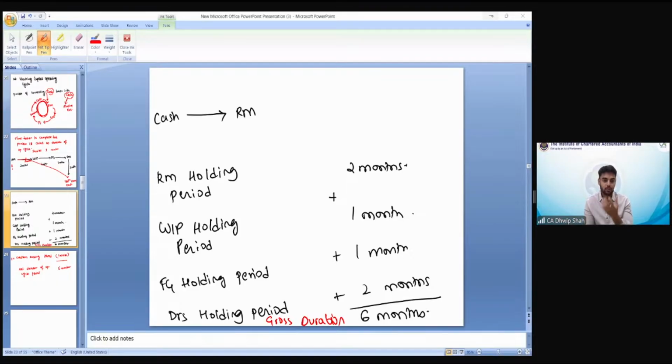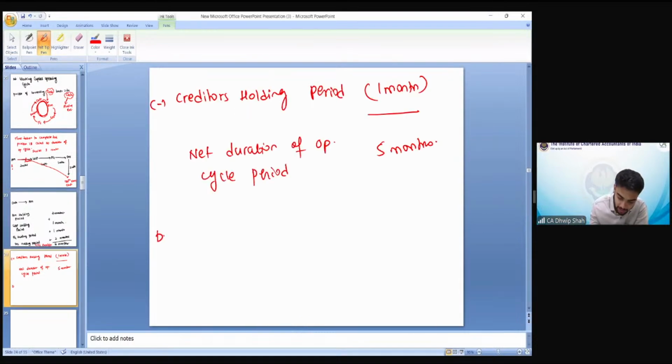Okay. So with this concept, we learned the formula to calculate duration of operating cycle. What is the formula to calculate duration of operating cycle?